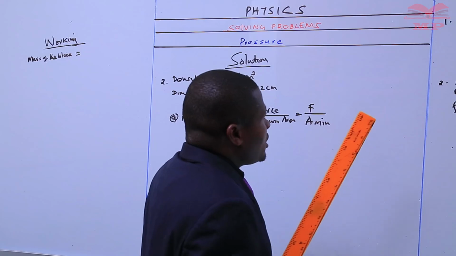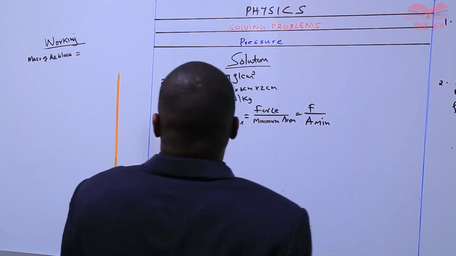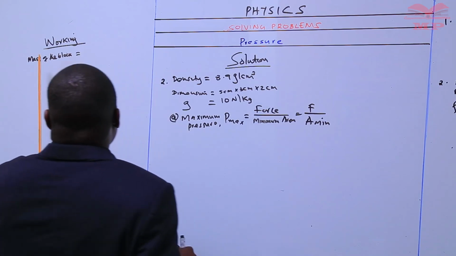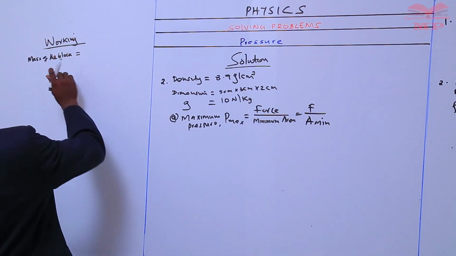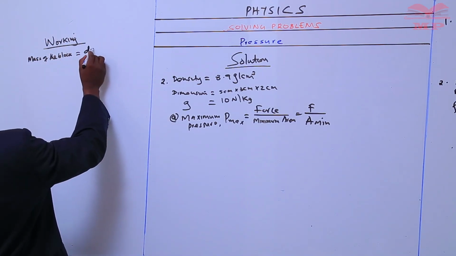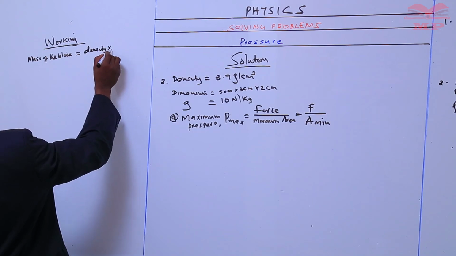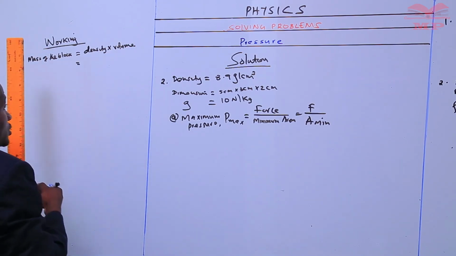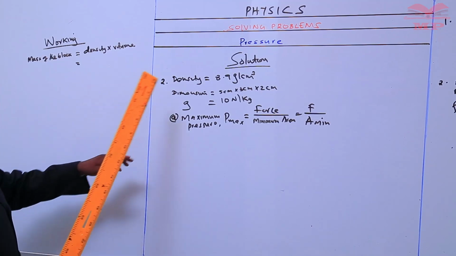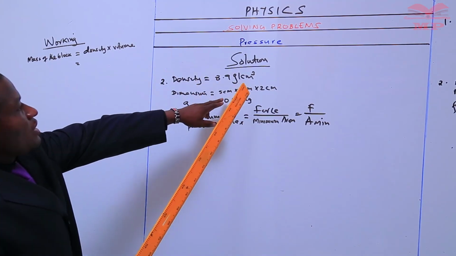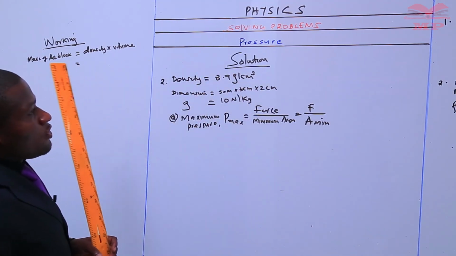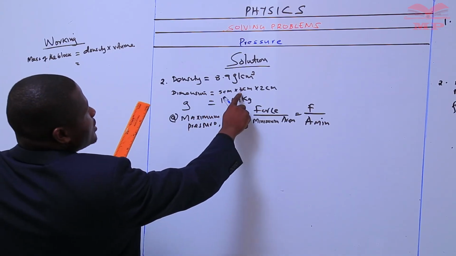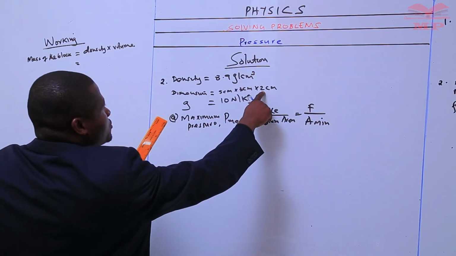So if I want to get mass, density equals mass over volume, then mass is density times volume. Density times volume. I have density, then I can calculate the volume of the block of copper, which is just 5 times 3 times 2.